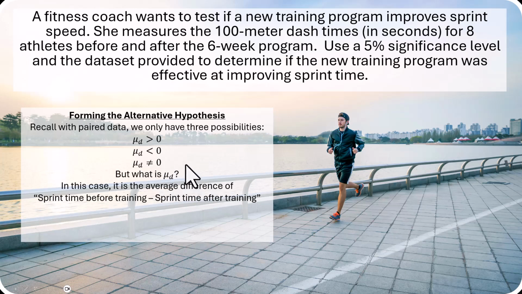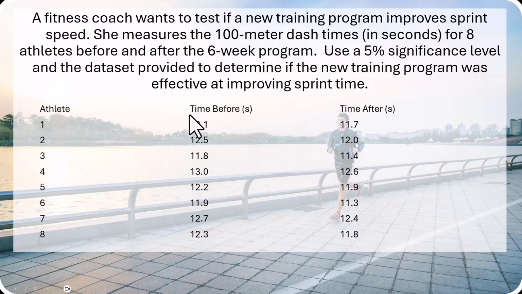And remember, in hypothesis testing, we use the sample mean difference to test whether our alternative hypothesis is true or false. So let me just show you what the sample mean difference would be using the data set. So again, here's my data set.